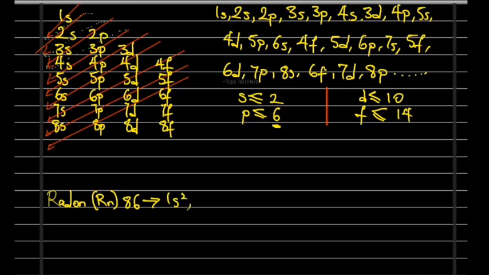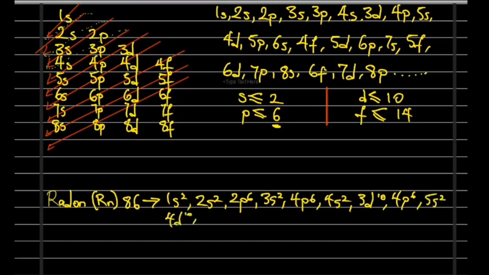So let's write 1s2, 2s2, 2p6, 3s2, 3p6, 4s2, 3d10, 4p6, 5s2, 4d10, 5p6, 6s2, 4f14, 5d10.